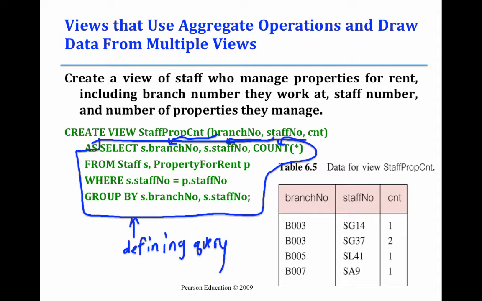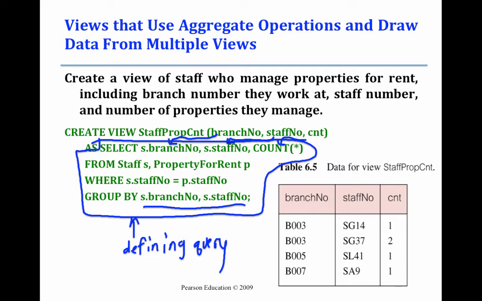So in this case, we're doing a join between the staff and the branch relations, and the staff and property for rent relations, and we're grouping by, and notice here, this is a little unusual, we're grouping by two attributes, not just one.